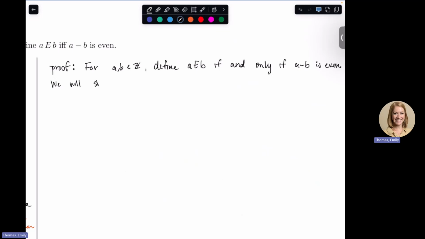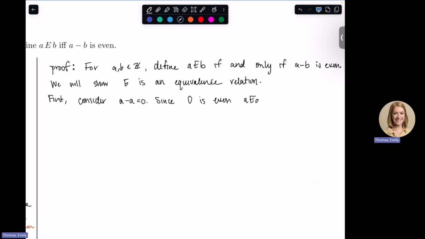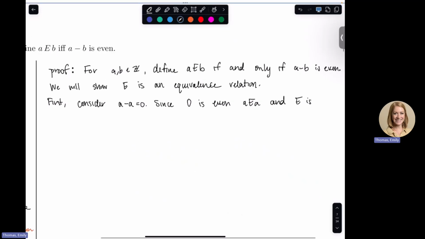We will show E is an equivalence relation. First, consider A minus A, which is 0. Since 0 is even, A E A, and E is reflexive.